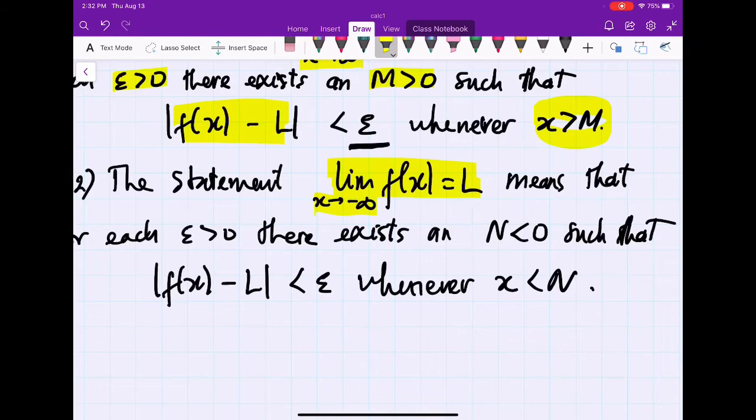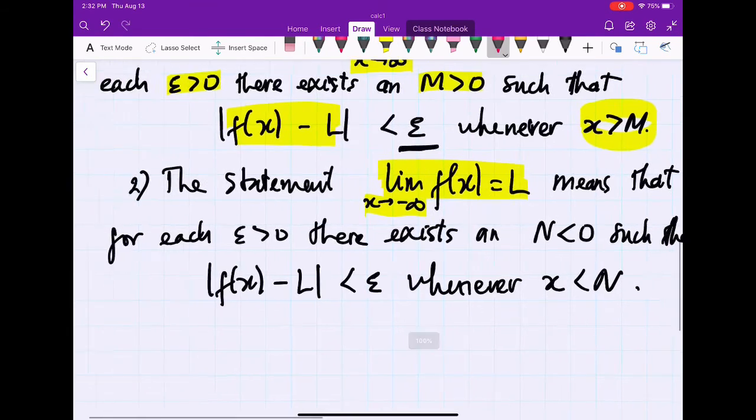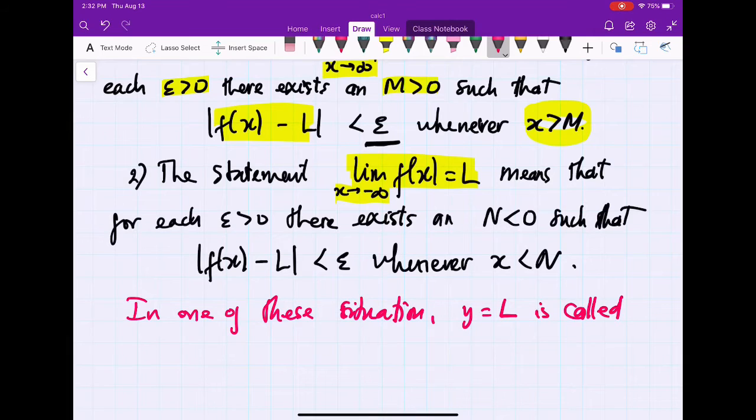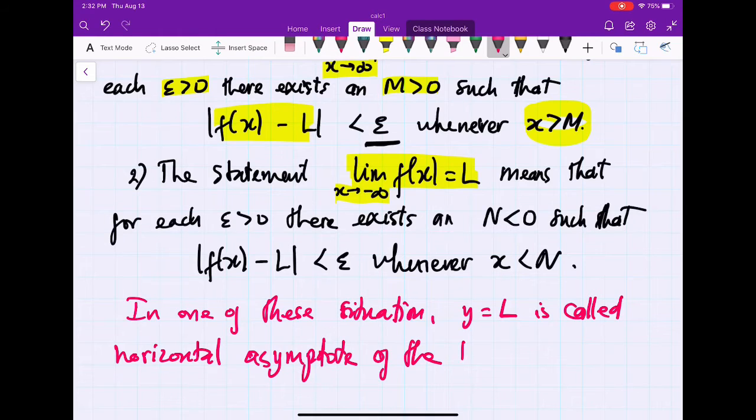Does that make sense? And in one of these situations, the line y equal to L is called a horizontal asymptote of the graph of the function.